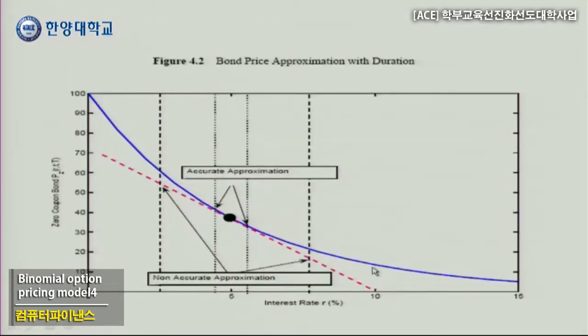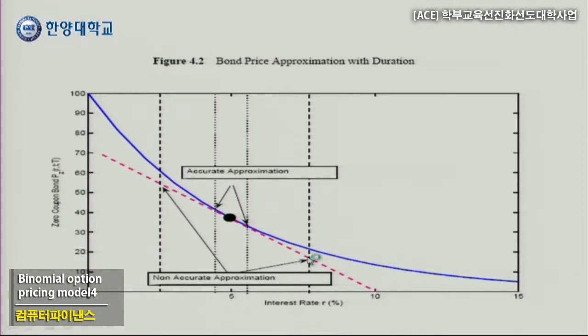Graphically speaking, I think this is a good one. If we approximate price change only with the first derivative, duration, then the red line is the approximation. When the interest rate goes up, if we see only duration, the first-order approximation, then the price goes down this path.